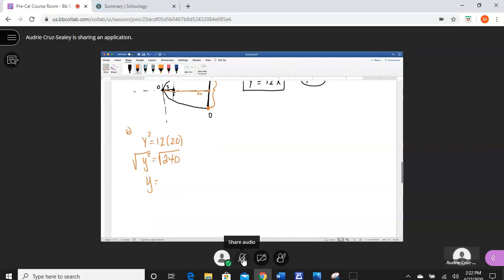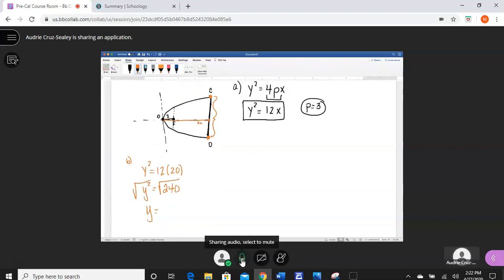Does that simplify? Okay, so 4 square root of 15. So the distance from here to here is 4 square root of 15. That's from here to here is 4 square root of 15. So then what are you going to have to do to that?